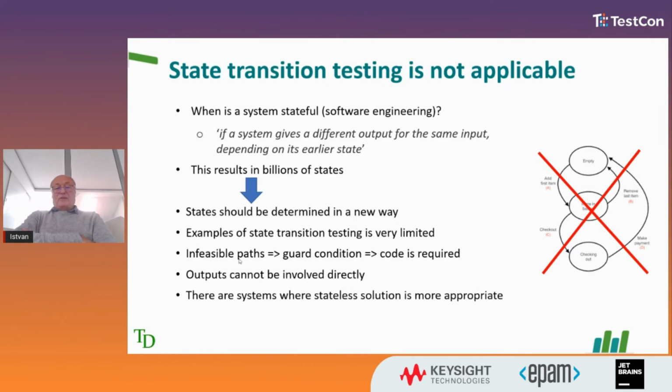To handle this problem, you should have so-called guard conditions, but this is actually code. Another problem is that output cannot be involved directly for the same reason, because along different paths, the output will be different. And finally, there are systems where the stateless solution is more appropriate, but this is not for this current system.